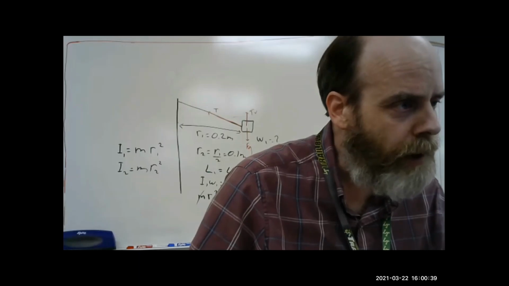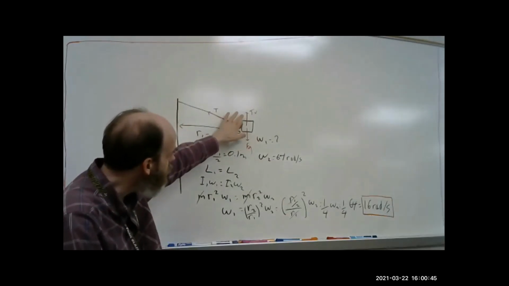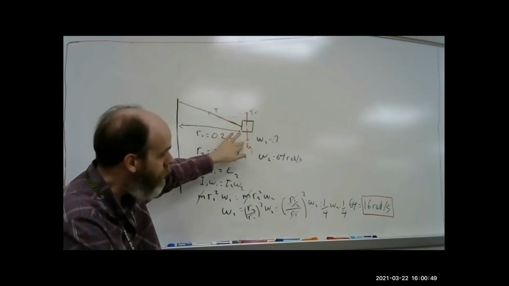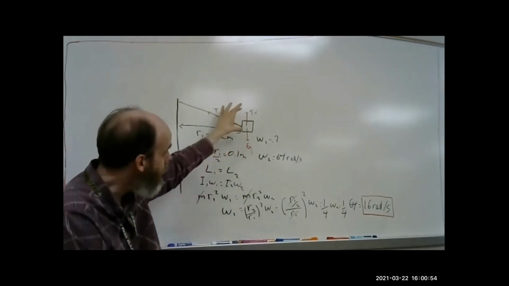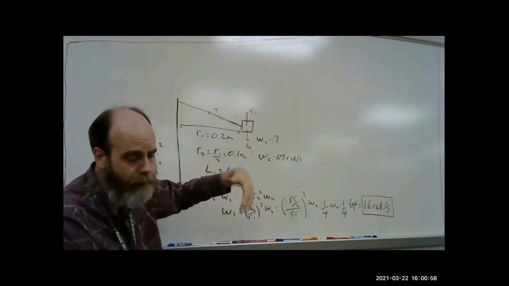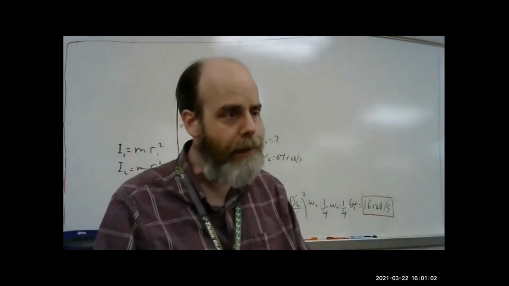The component of tension in the vertical direction has the same magnitude as the force of gravity downwards. And in that case, the stopper is not going to have any vertical acceleration, so it will remain in one plane as it goes around.